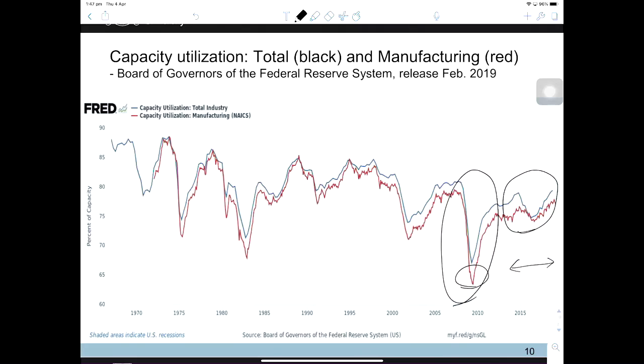That's what you often observe when the capacity utilization drops below the level of 80. You very often observe very easy monetary policy, so low cost of capital, and there tends to be emerging consumer sentiment or emerging optimism.